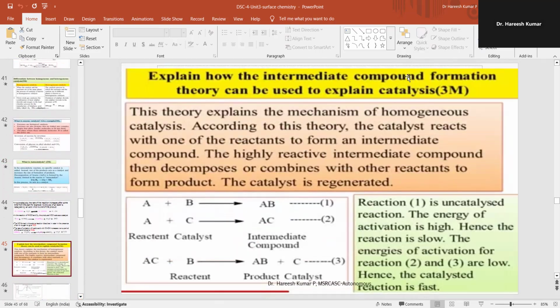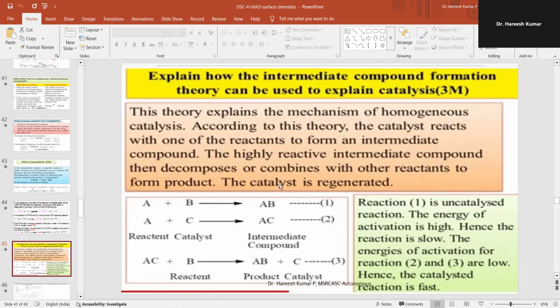Explain how the intermediate compound formation theory can be used to explain catalysis. This theory explains the mechanism of homogeneous catalysis. According to this theory, the catalyst reacts with one of the reactants to form an intermediate compound. The highly reactive intermediate compound then decomposes or combines with the other reactant to form a product.